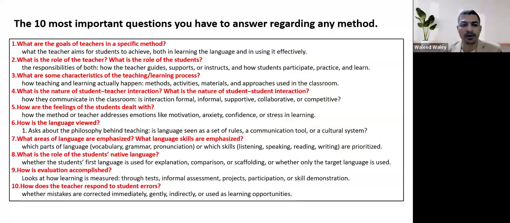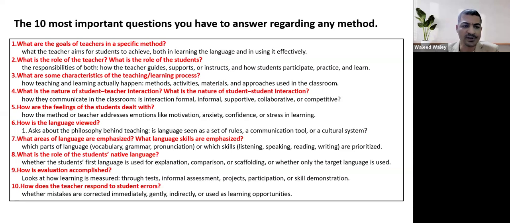Let's move to another point here. We have the 10 most important questions you have to know about any method. This is the first question: what are the goals of teachers in a specific method? It means what the teacher aims for students to achieve, both in learning the language and in using it effectively.